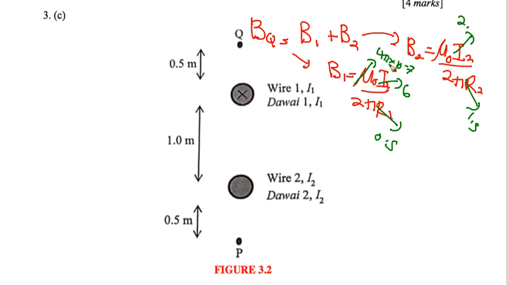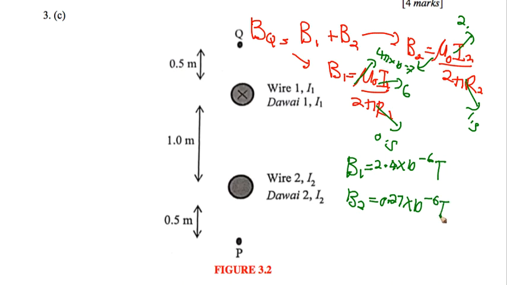So if you calculate, B1 is equal to 2.4 × 10^-6 Tesla, and B2 is equal to 0.27 × 10^-6 Tesla.